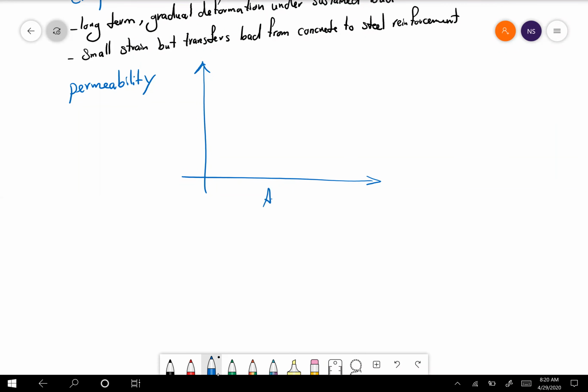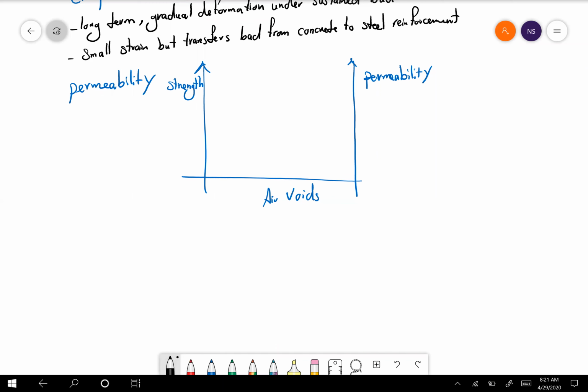So if you have the air voids on the x-axis, and you have compressive strengths on this axis, and then you have a second y-axis, which is permeability, then there are two scenarios with air voids.